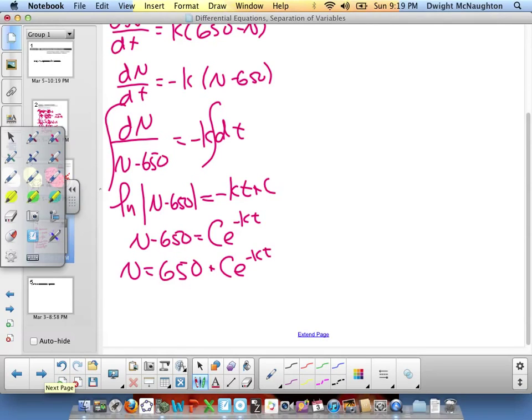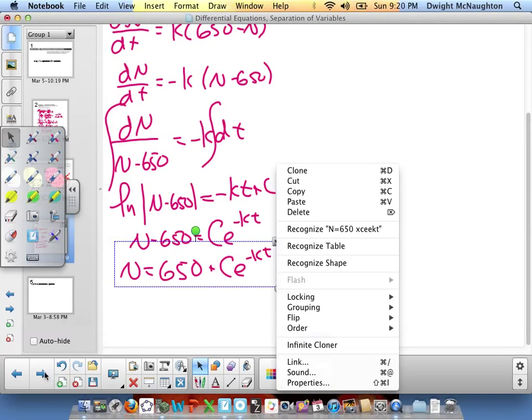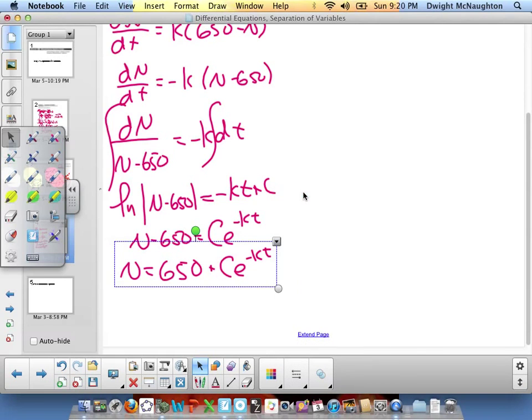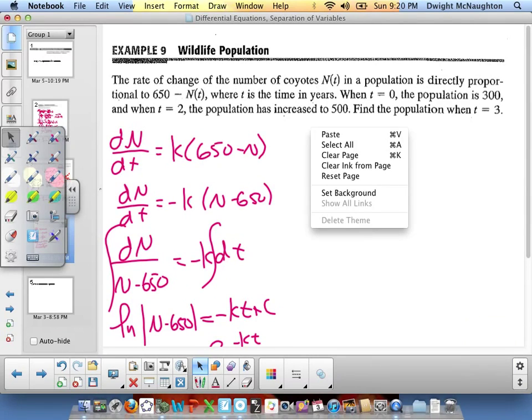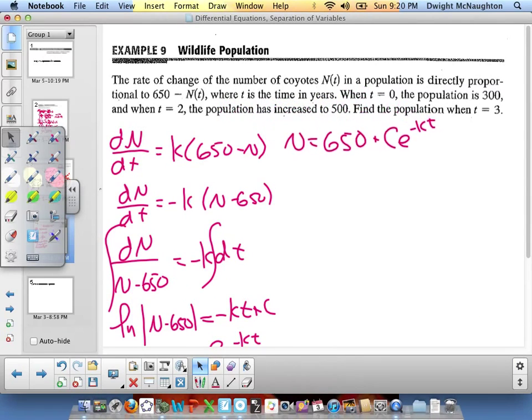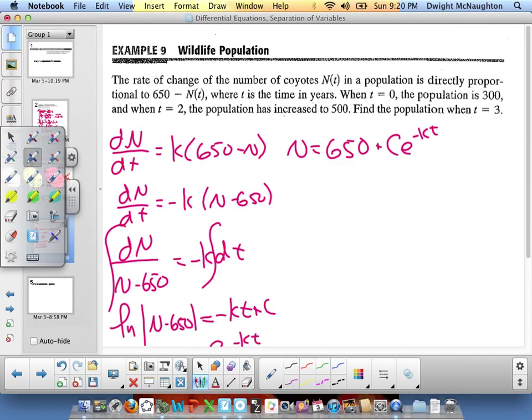All right, so let's use that general solution to find a particular solution with the initial conditions we got. Our first initial condition is when t equals 0, the population is 300.